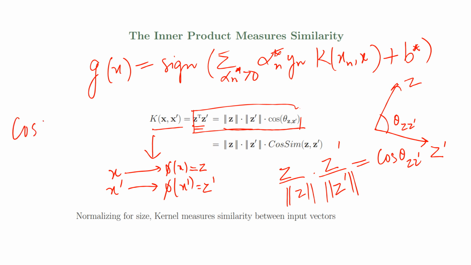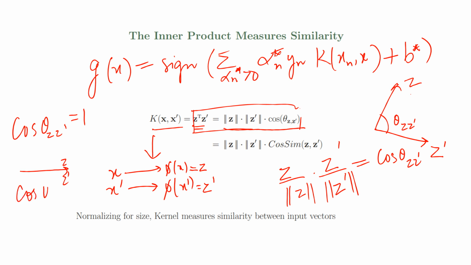Now, the cos of theta between z and z prime, let's assume that's exactly equal to 1. What exactly is it telling me, just by looking at the picture? Well, it's telling me that z and z prime are exactly the same thing.